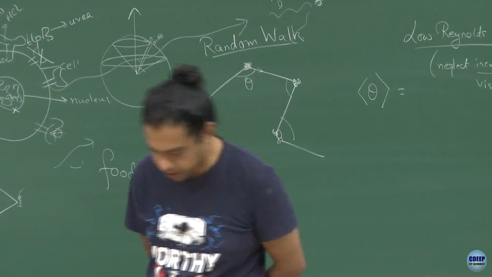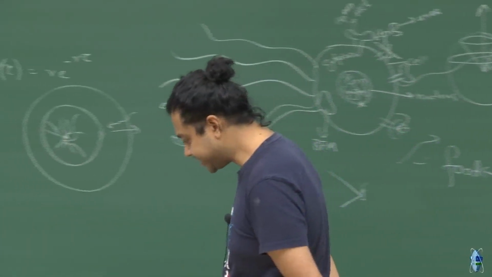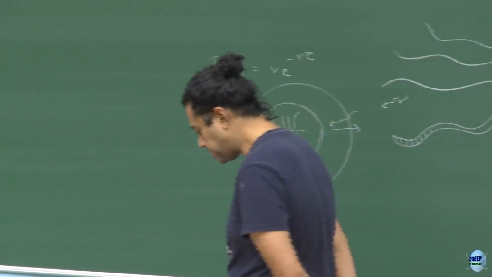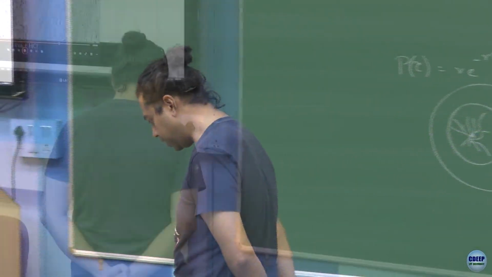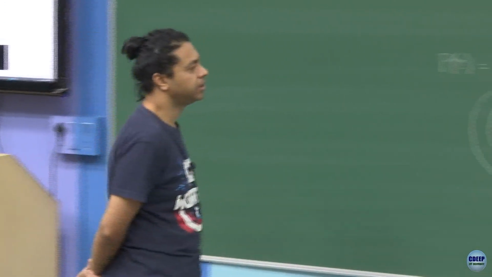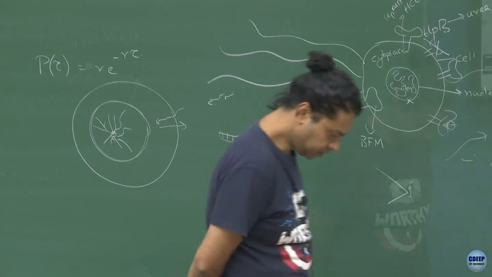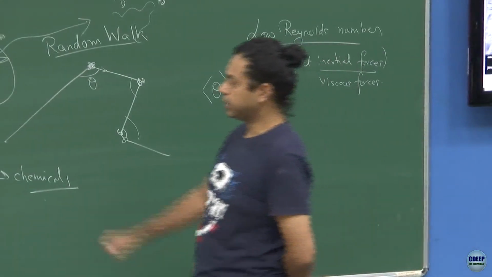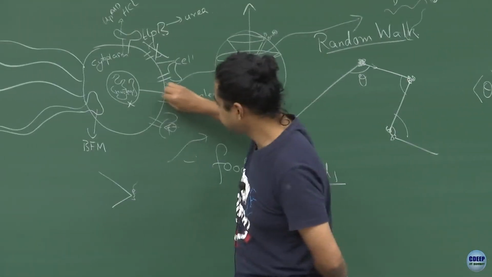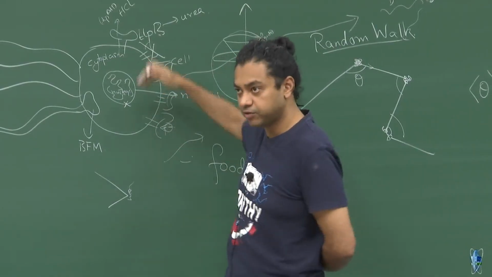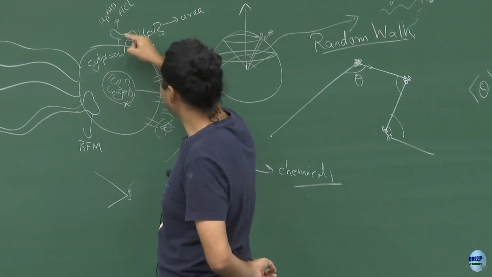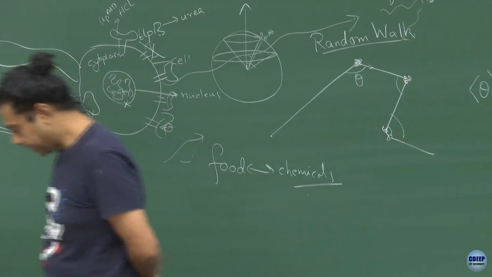Is there a threshold beyond which it can detect signals, right? So, that has to do with, I am trying to remember the answer actually. So, there are of course multiple receptors on the surface of a cell. There are multiple of these protein receptors that sense one type of chemical.